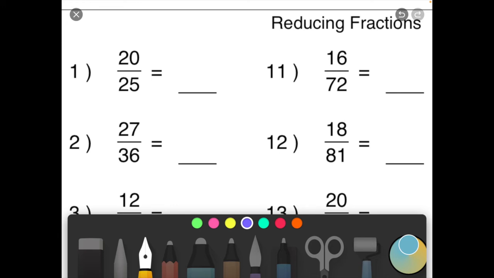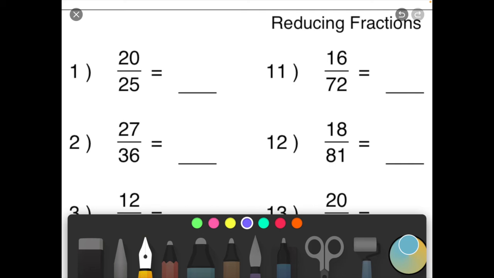So let's look at number 1. We've got 20 25ths. A couple of things to remember when you are reducing fractions: if it ends in a 0, 2, 4, 6, or 8, even numbers are always divisible by 2. If it ends in a 0 or a 5, you know it's at least divisible by 5.